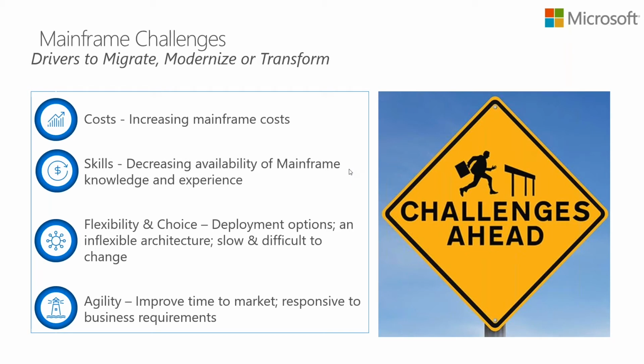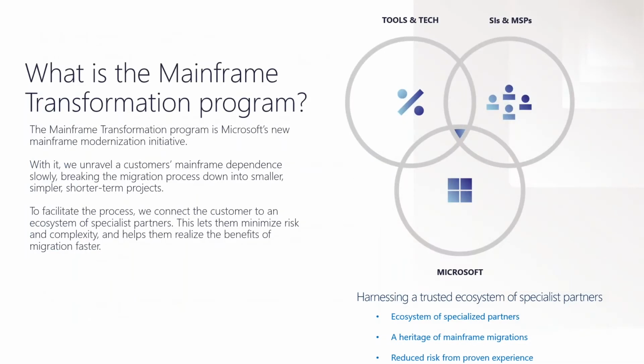A lot of times, customers will wonder, well, gee, Microsoft, mainframe, what the heck do they have in common? Well, it just so happens we actually started our Mainframe Migration Alliance back in 2004, and then built out a mainframe migration team and offering an engagement process starting in 2008.